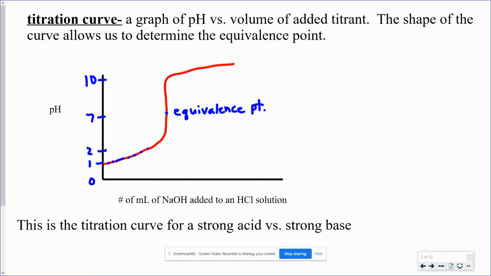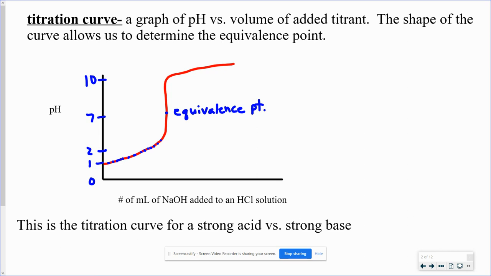So the pH will slowly start to rise as you're adding more and more NaOH until you've added almost as much NaOH as you had HCl in there. Then all of a sudden, it'll shoot up in pH with just a drop or two because now you've added as much NaOH as HCl.